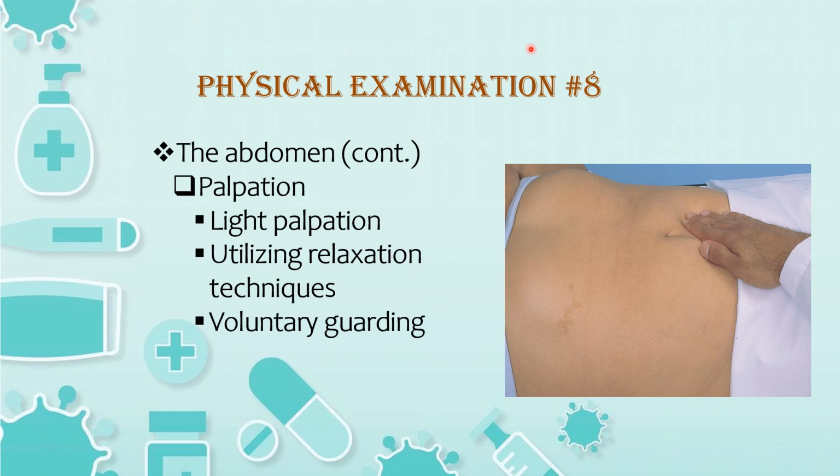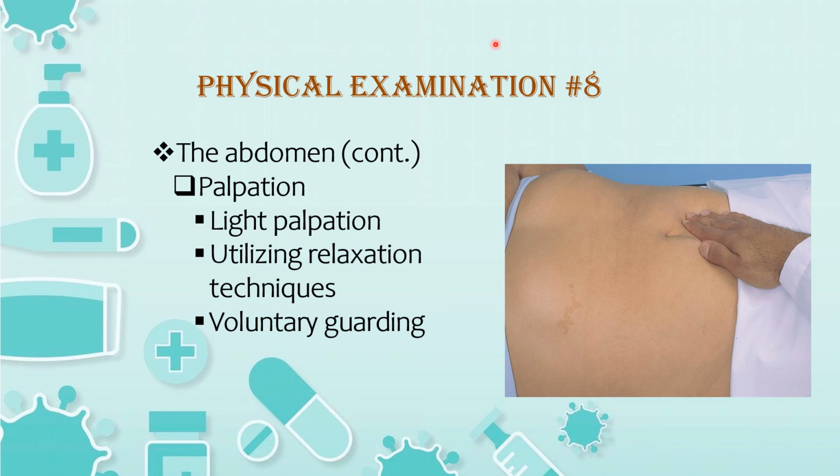You can ask the patient to exhale and then palpate to aid in the relaxation of abdominal muscle. You can identify any superficial organs or muscles and any area of tenderness or increased resistance to palpation.